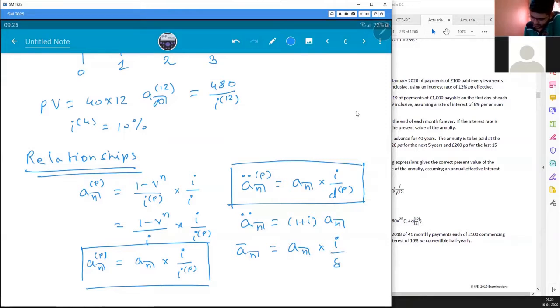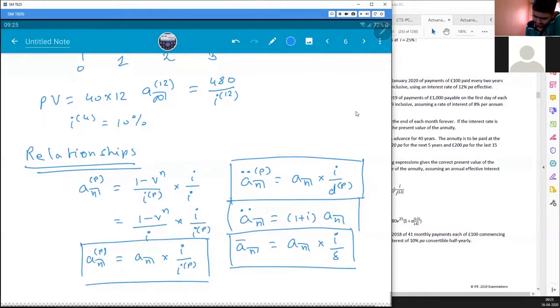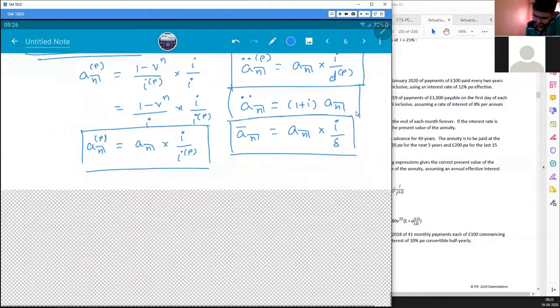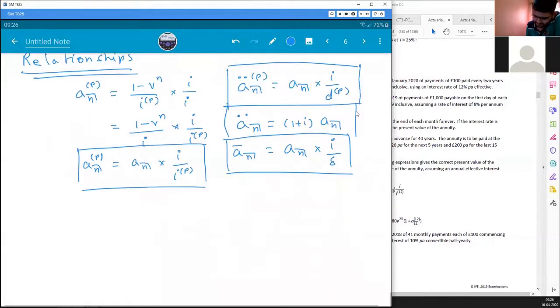It's the same thing. These are all present value ke relationships. Similarly, we can have future value ke bhi relationships.